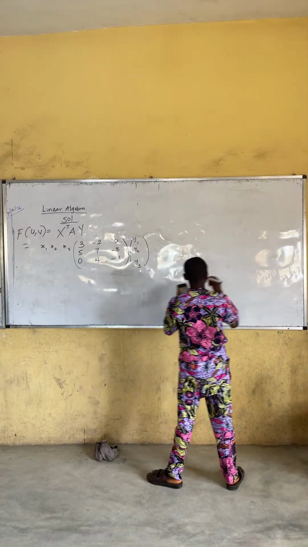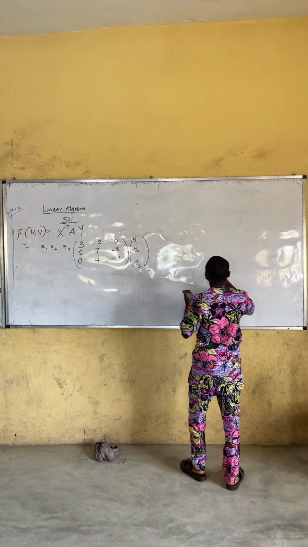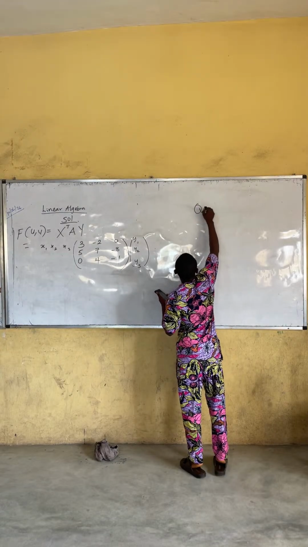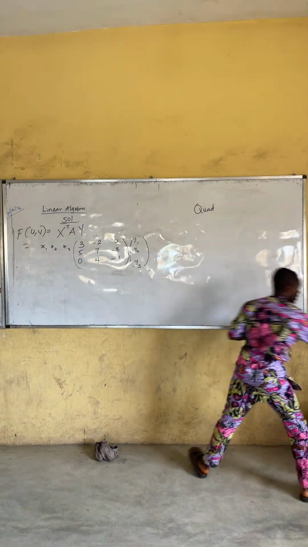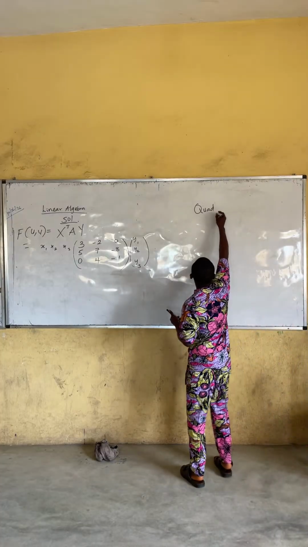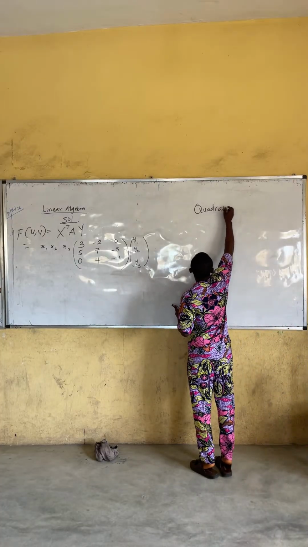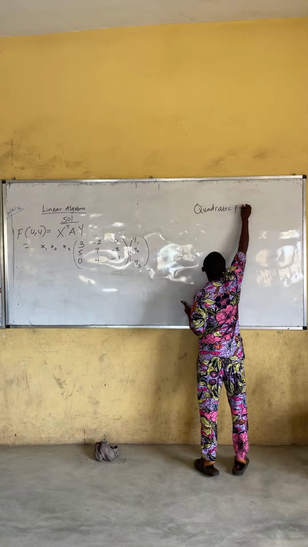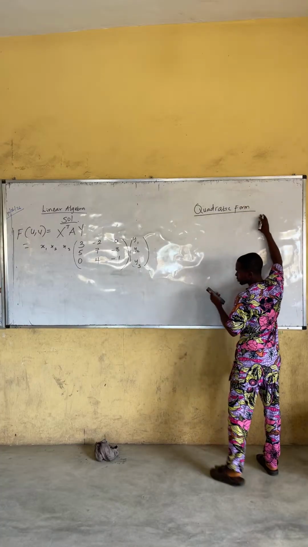Now we are going to quadratic form. Quadratic. That's the last one. After this, we call it a day. Quadratic form.